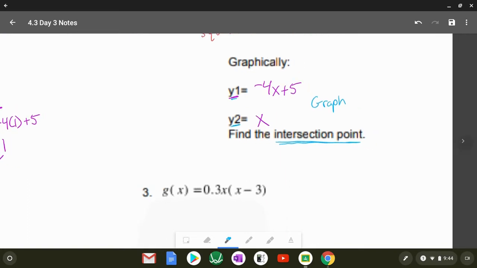And then you're going to hit second calculate, which is the trace or the calculate button, and then scroll down to intersect.